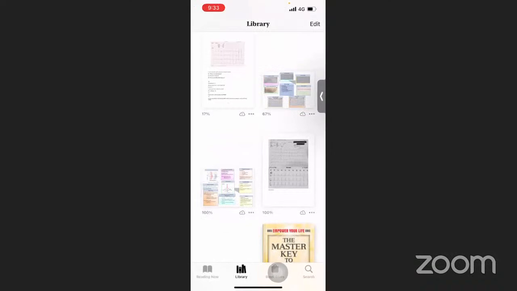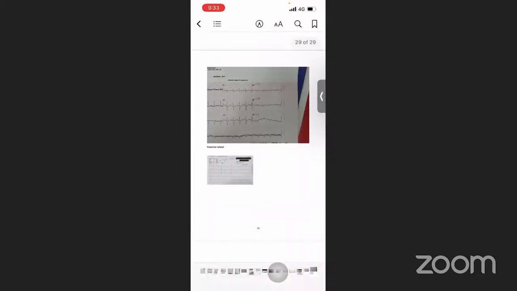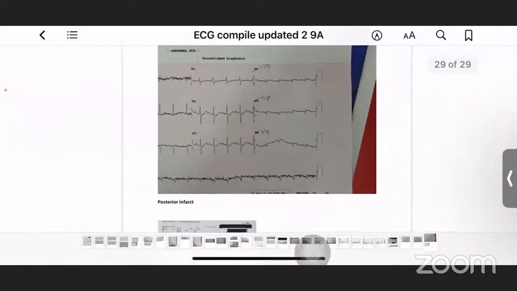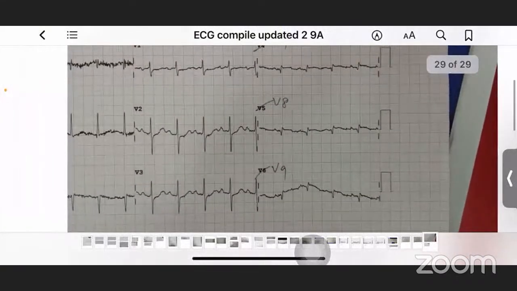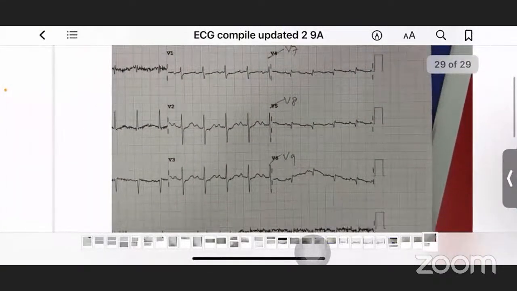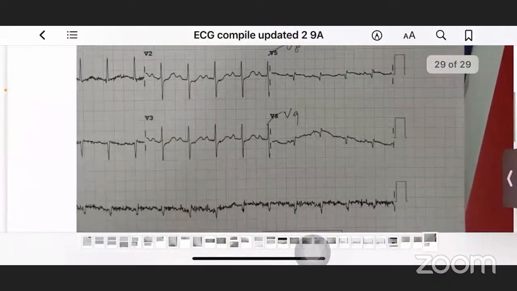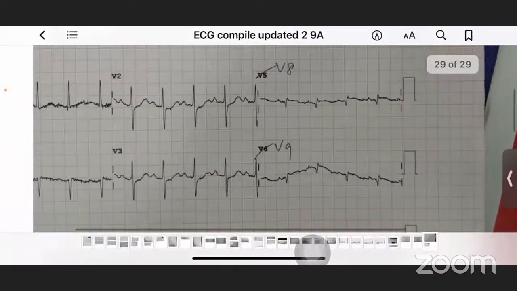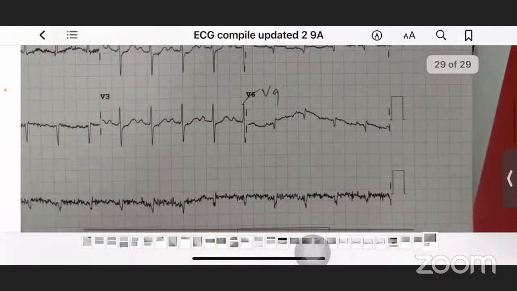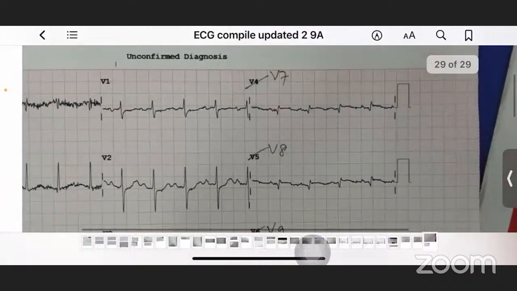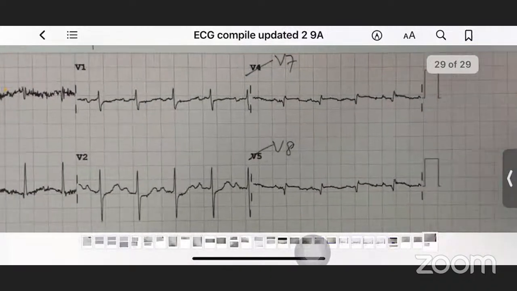So let me show another ECG. Okay, so this is the one. Horizontal, you can see clearer, right? Yes, posterior infarct, you have these additional leads V8, V9, V10, and your interest is to see any ST elevation.